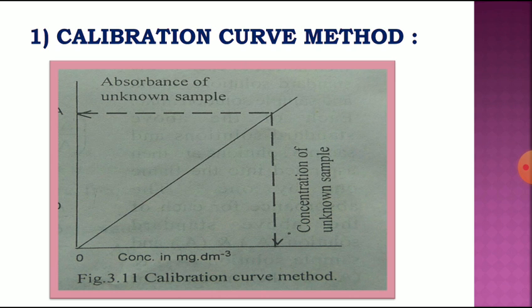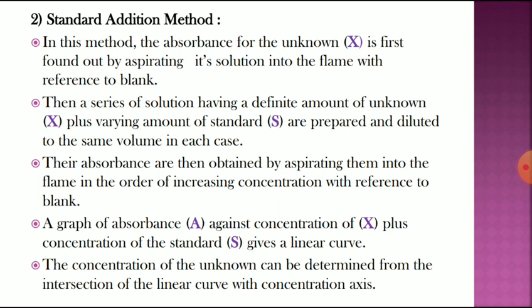Now we will see the second method, that is the standard addition method. In this method, the absorbance for the unknown x is first found out by aspirating its solution into the flame with reference to the blank.